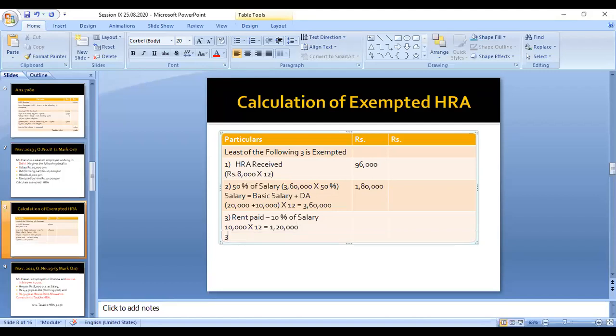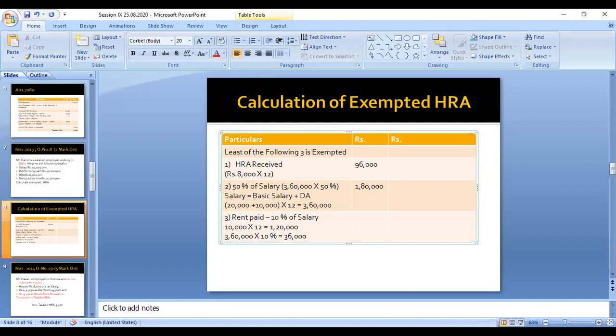Salary we already calculated as 3 lakh 60,000, into 10 percent. That amount comes to around 36,000.